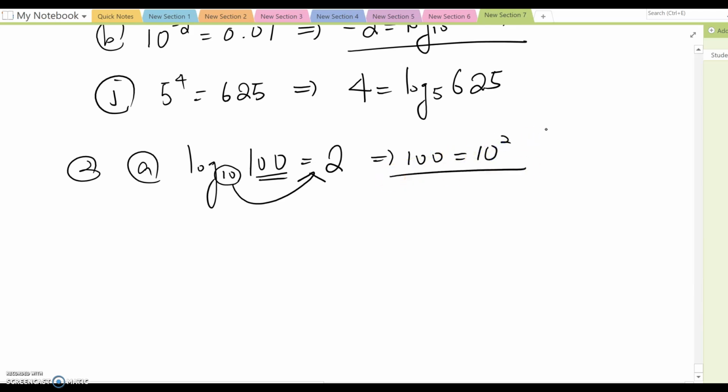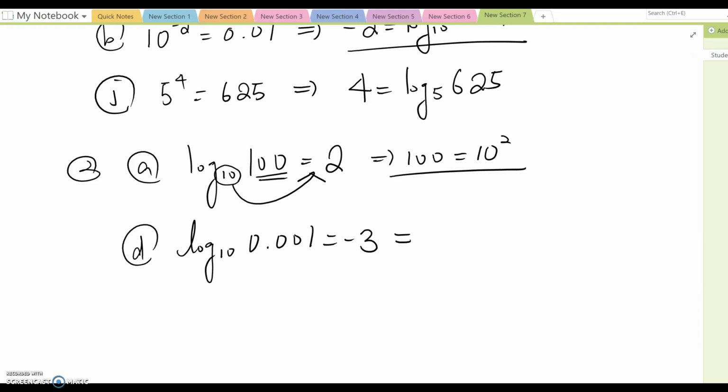That's the answer for a. Now d, log base 10 of 0.001 equals negative 3. So this answer becomes 0.001 equals 10 to the negative 3rd power. So it's not bad, right? You can practice other questions more.